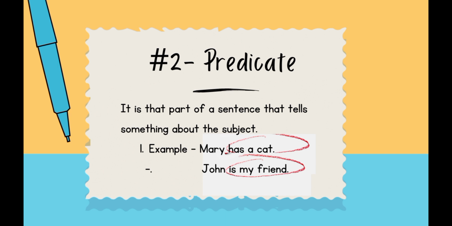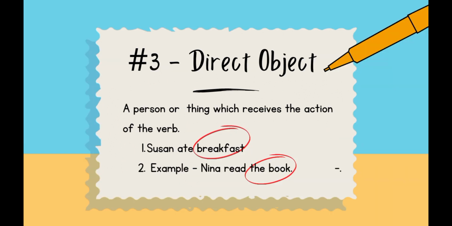So has a cat is the predicate. John is my friend. So is my friend is the predicate here.